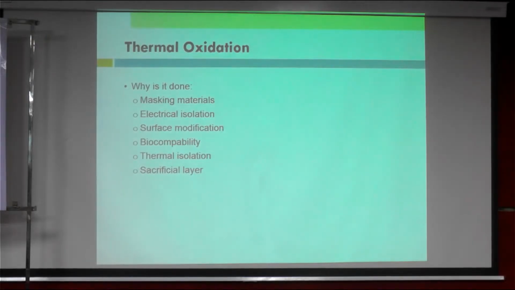And also for electrical isolation, as I mentioned before, surface modification, biocompatibility with certain biomaterials, and thermal isolation, because silicon dioxide has different thermal properties, and as a sacrificial layer in the process of, let's say, lithography. We want to have a certain structure and certain process steps, and in some steps silicon dioxide can be used as a sacrificial layer.